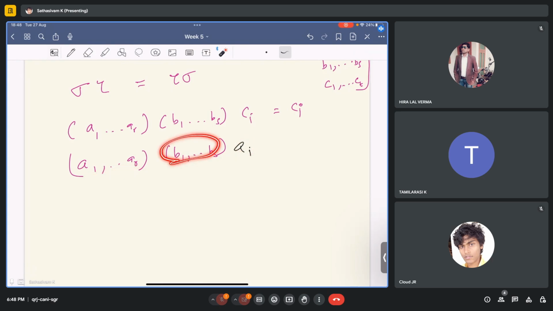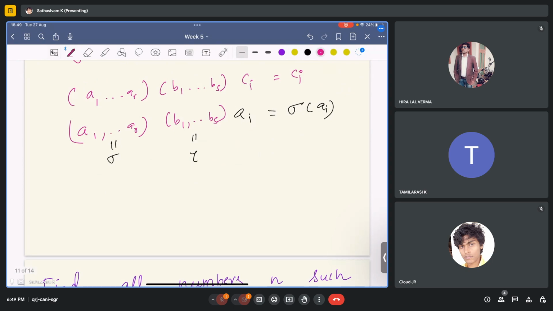So this cycle does not do anything to AI. Only this cycle does something to AI. So there is an AI here and let's say AI plus 1 is here. So this AI will go to AI plus 1, right? So this will be AI plus 1. This is our sigma permutation, right? And this is our tau permutation. Because this AI is not inside this, if you apply the entire thing, this is nothing but the sigma of AI.